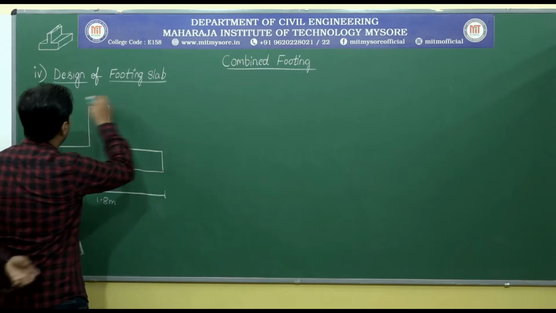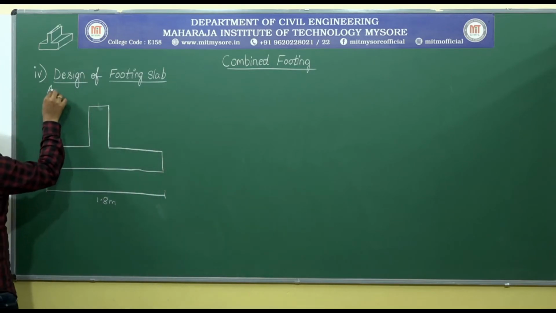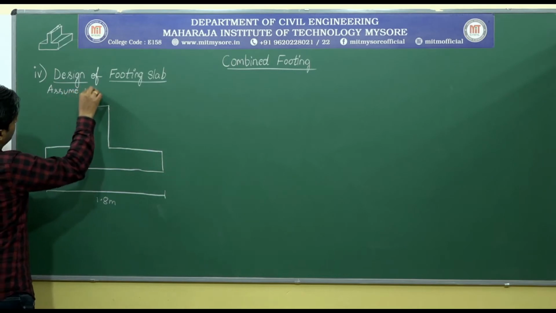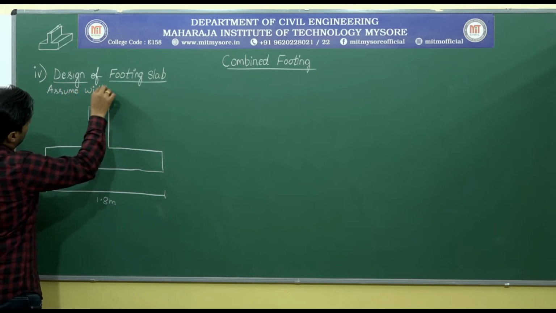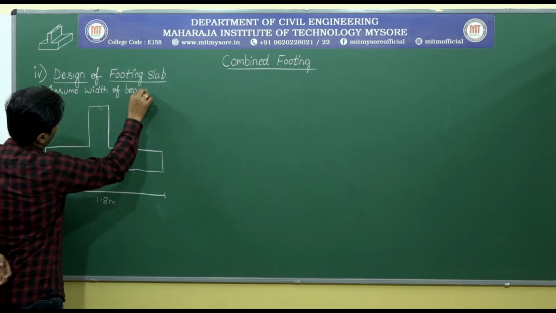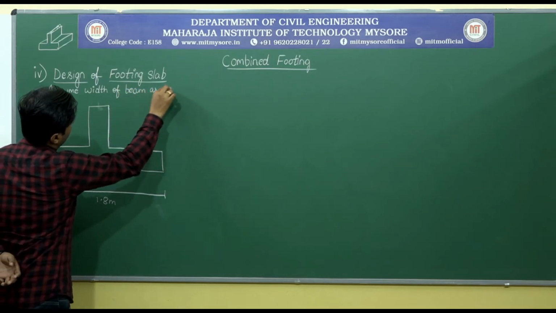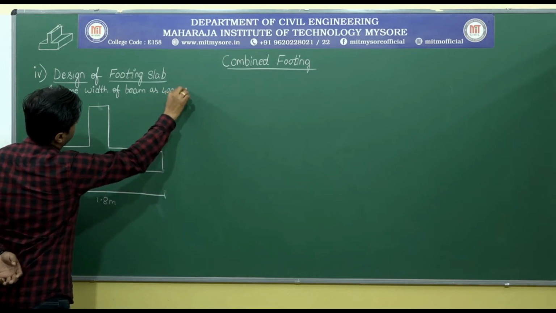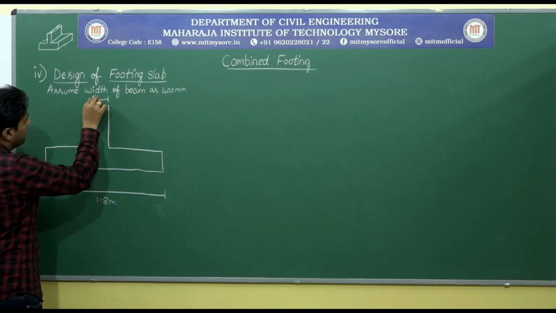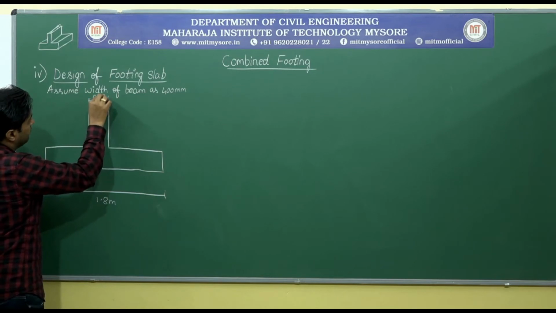Please remember, I will write it here itself: assume the width of beam as 400 mm. 400 mm means 0.4 meter.